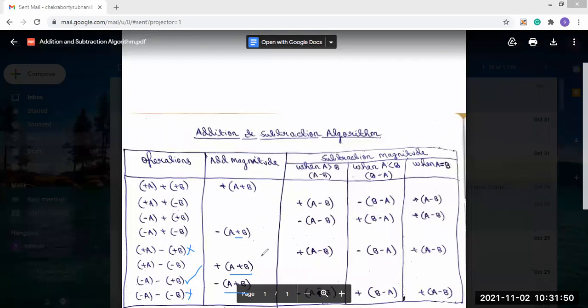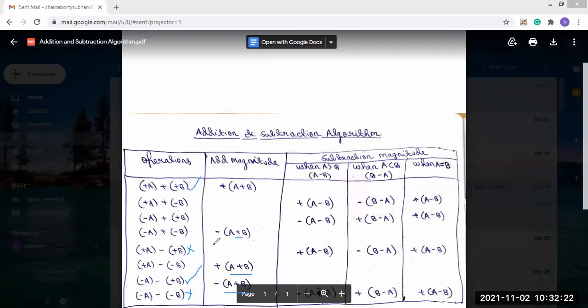So for the add magnitude, if you see this, the conditions will be this. We can take only this, because in the middle plus is always present. Now when we go to the subtraction magnitude column, we have to check A greater than B and those conditions.